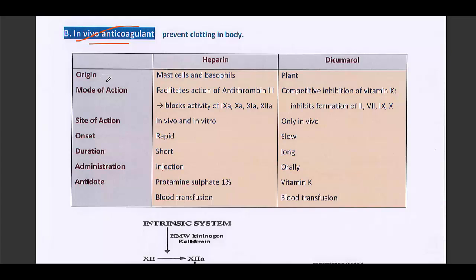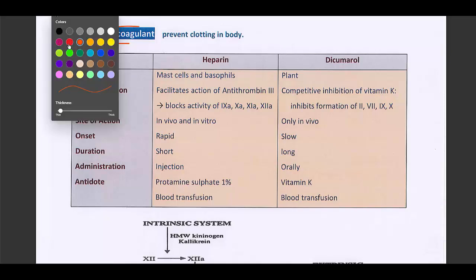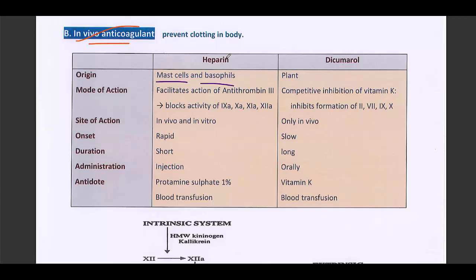The origin of heparin is from mast cells and from basophils. Its action is that it facilitates the action of antithrombin 3. As we learned before, antithrombin 3 is very important in the anticoagulant pathway. So it blocks the activity of factors number 9, 10, 11, and 12A.